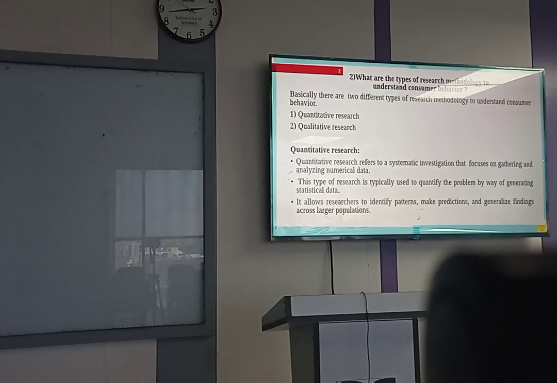It allows researchers to identify patterns, make predictions and generalize findings across large populations. Suppose quantitative research is applicable for a large set of people, like 100, 200, a big group of large population.